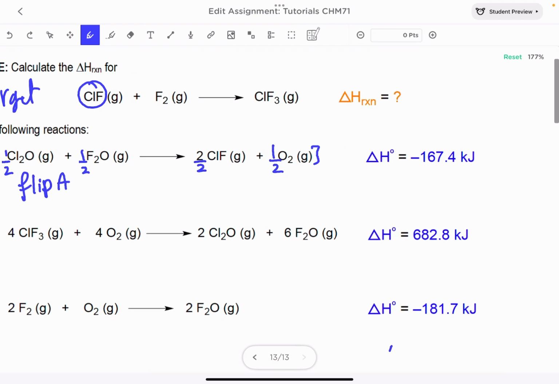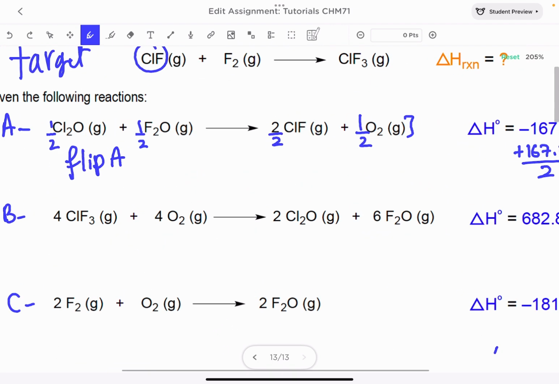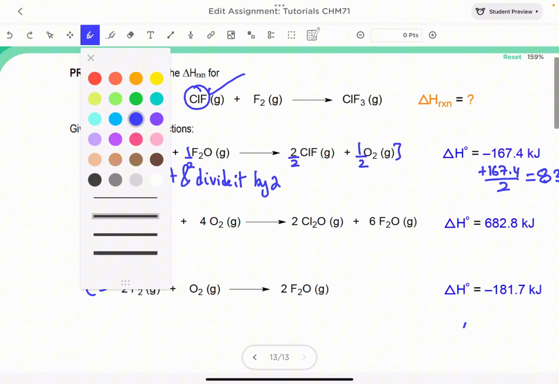Delta H that was negative becomes positive, and it must be divided by 2. So it's going to be 167.4 over 2. So the answer now is 83.7 kilojoule. So flip A and divide it by 2. I'm done.